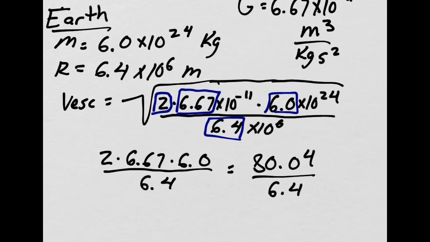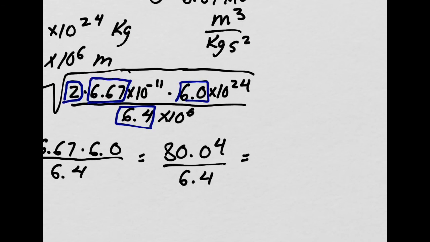If we do the division, we get 12.51, rounding of course. So this is our numerator, but it's under the square root.